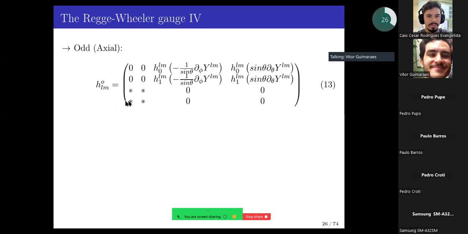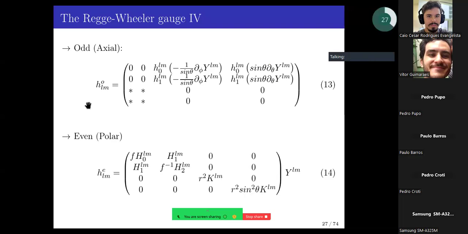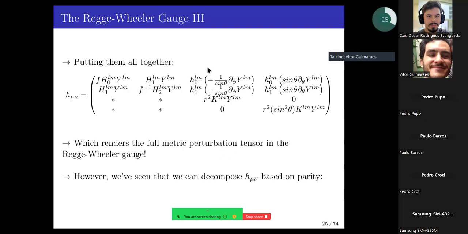This is the odd part, composed only of odd functions and odd bases, which leaves the even part to be like this. If we sum these two matrices, we regain this metric perturbation. It's just taking the sum.